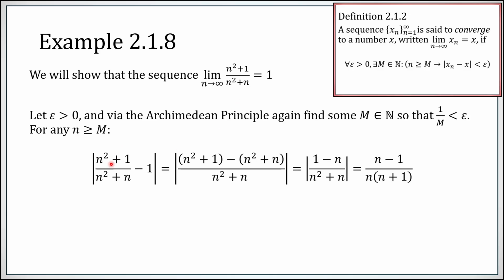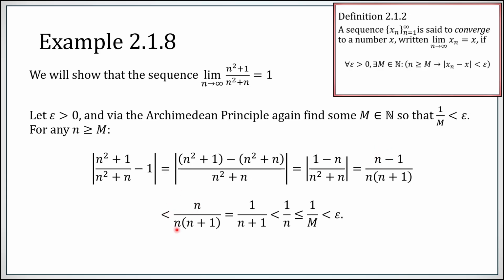The term of our sequence minus our proposed limit. So n squared plus 1 over n squared plus n minus 1. Well, let's give them a common denominator. Simplify that numerator. Now, in absolute value, 1 minus n, as long as n is larger than 1, this numerator is definitely negative, this denominator is definitely positive, so I can compute the absolute value like this. Now observe that this n minus 1 is definitely less than n.